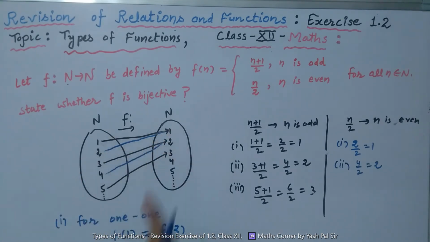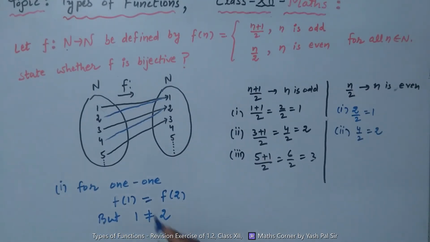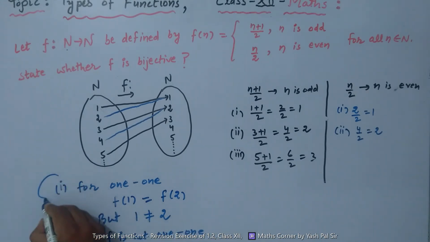The image of 1 is 1, the image of 2 is also 1, but 1 is not equal to 2. So this mapping, this function f, is not a 1-1 function.